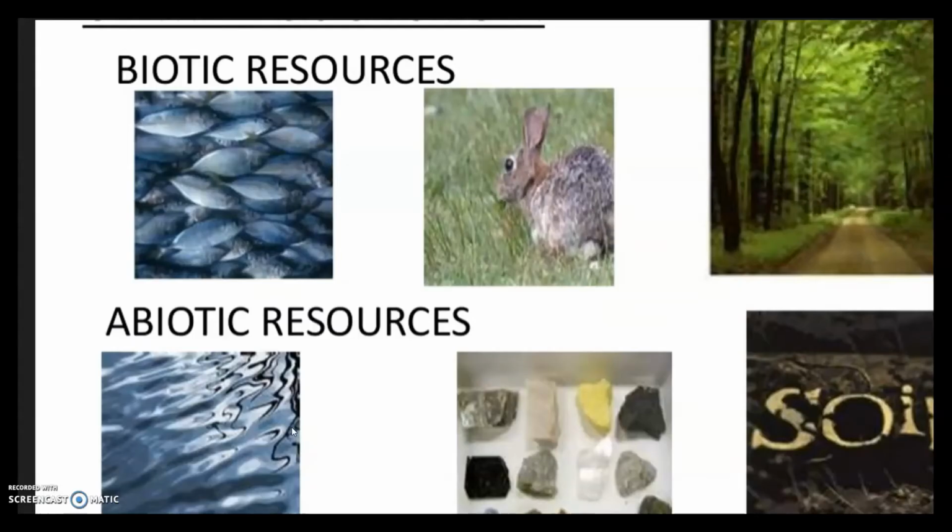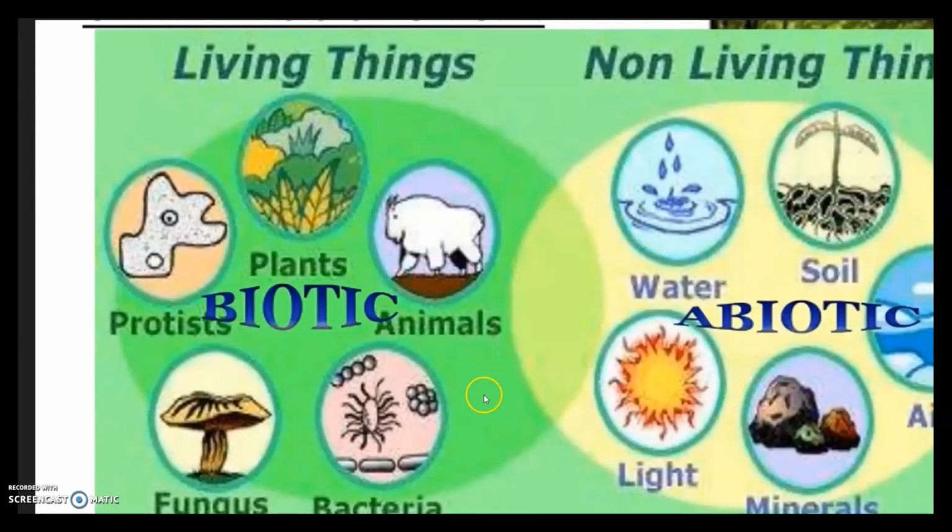Natural resources can be classified on the basis of origin into biotic resources and abiotic resources. Biotic resources include all living things and abiotic resources include all non-living things.